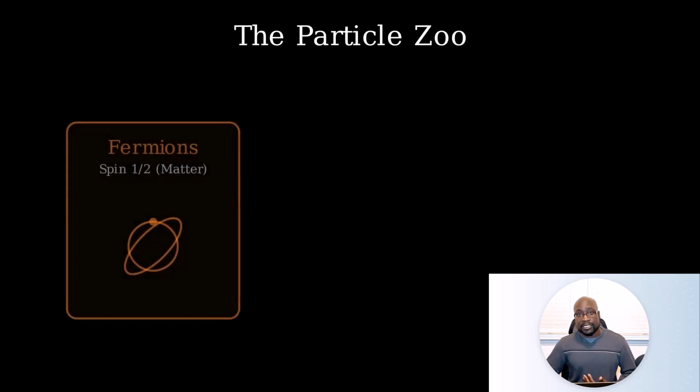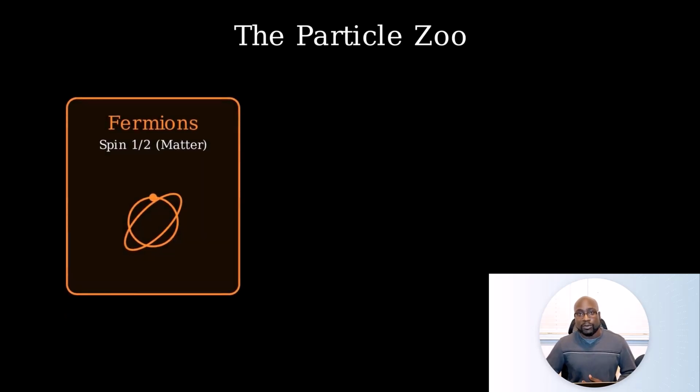Let's make this concrete with an example that's crucial for quantum computing: spin 1/2 systems. All particles in nature fall into two categories. Fermions, which are particles with half-integer spins like 1/2, 3/2, 5/2, and so on.